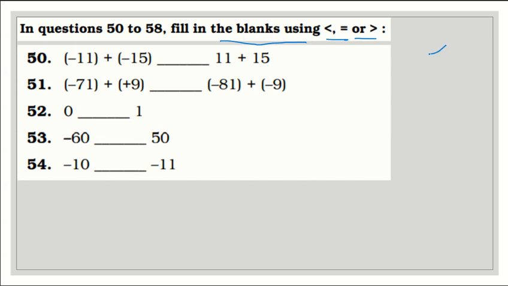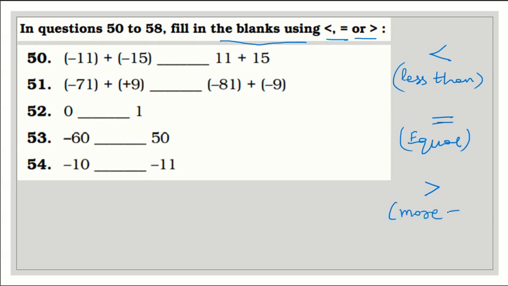You know, this symbol is nothing but less than, and this symbol is nothing but equal, or equals, and this symbol is nothing but more than or greater than. We say it is than, THAN. Okay, less than.